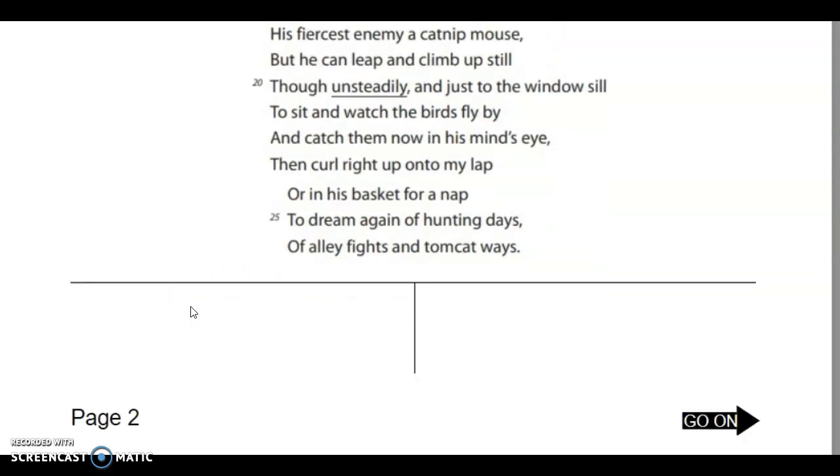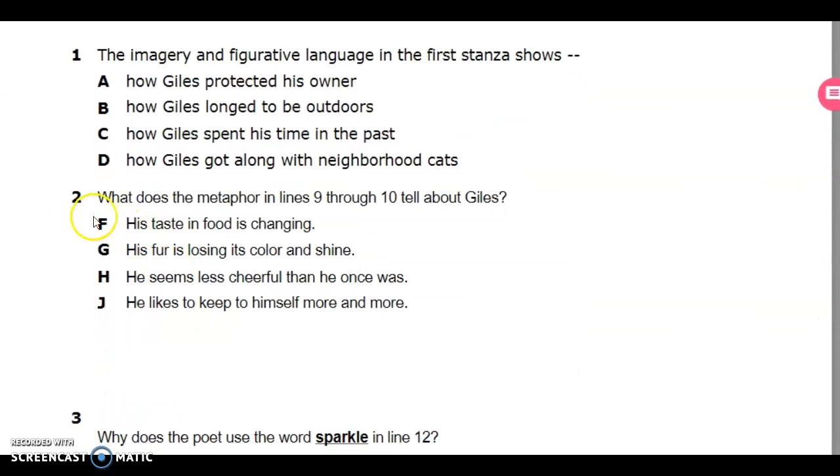Let's go back to our answer choices. F, his taste in food is changing. No, it's not talking about his food, so we can mark off F. G, his fur is losing color and shine. That is definitely a possible answer choice. We don't want to just stop there. We want to look at all of the answer choices.